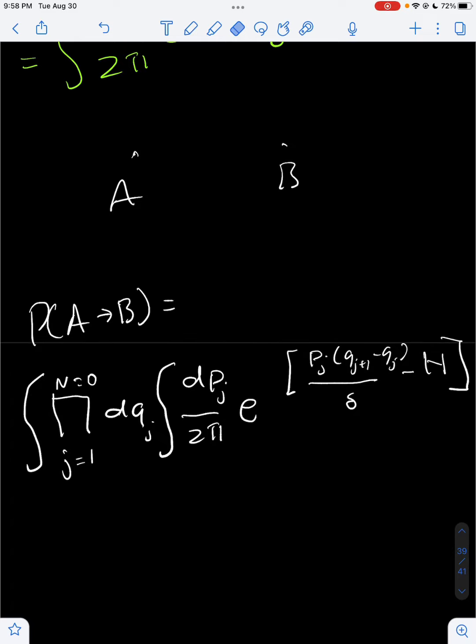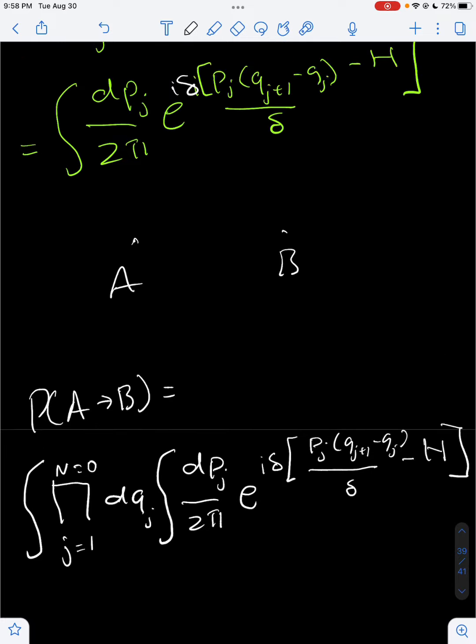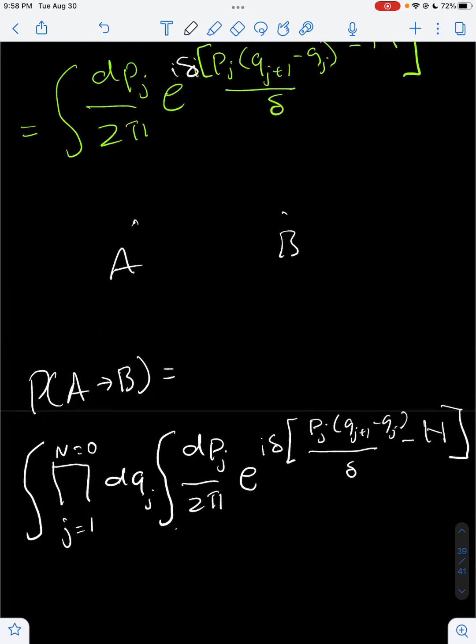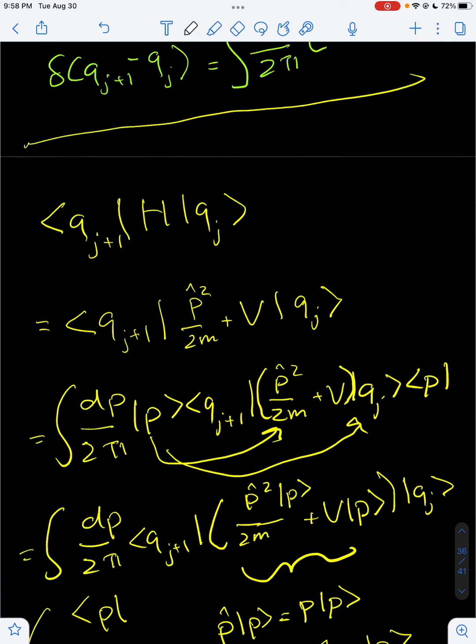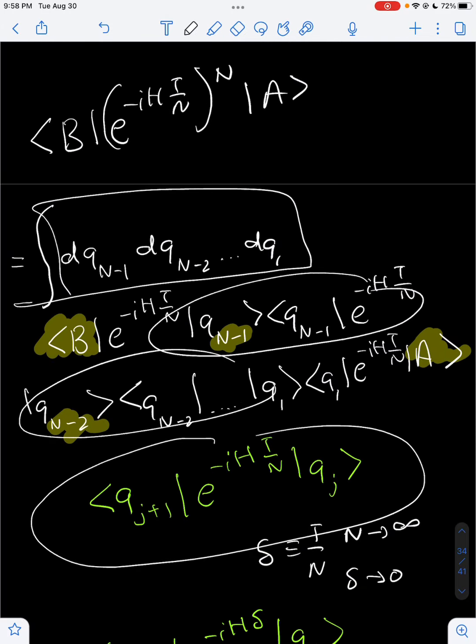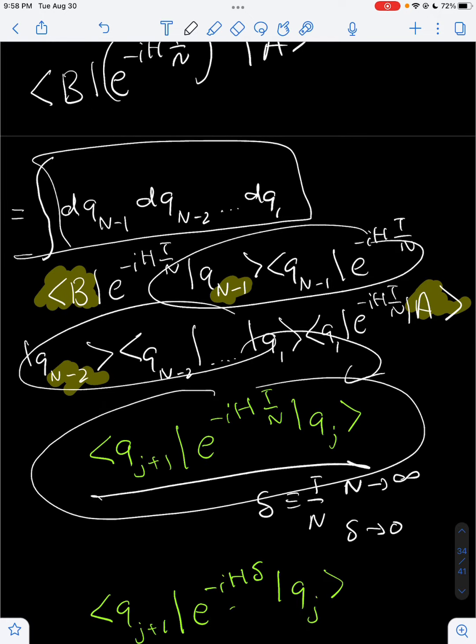Let's make this a bit more aesthetic. i delta. Because again, we found out that the general form for the things that were being sandwiched together was this. So the answer to the probability is just this, and we have to add in the integrals over positions at the start.